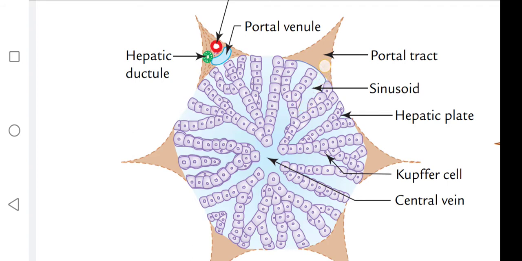And these sinusoids connect the portal venule, or peripheral vein, to the central vein.